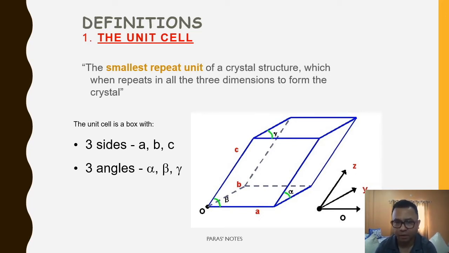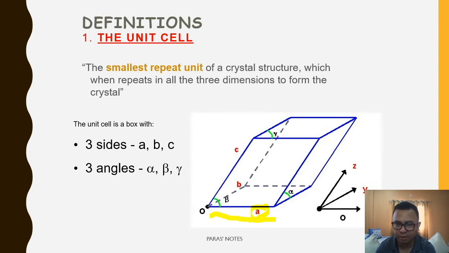Like this is not a perfect cube, as you can see it is tilted. Now this first parameter is the parameter of length, which is represented in this diagram in terms of A, length. So how can one unit cell be different from the other unit cell? We recognize it by these parameters: the first parameters of sides and the second parameters of angle. Here it is, A, that is the length.